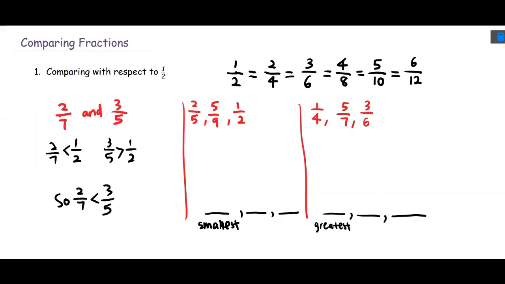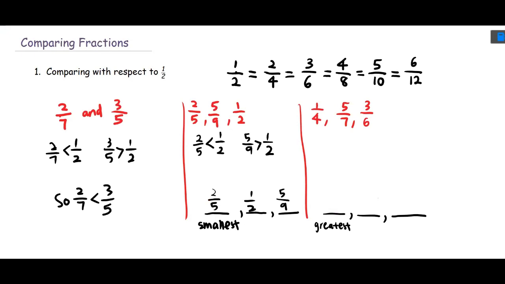So we know that 2/5 is smaller than half, and 5/9 is greater than half. So we can order it pretty quickly.